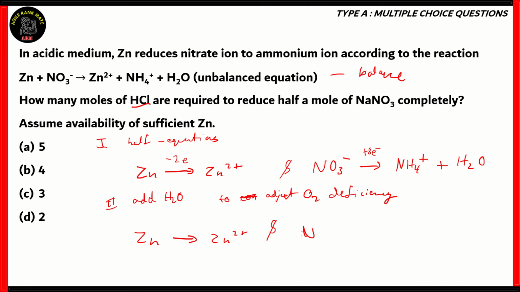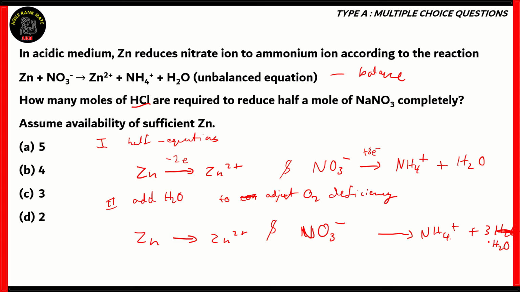So to balance that, we write on the right hand side NH4 plus 3 H2O. So 3 times water plus NH4 plus is the result from NO3 minus. Now remember, we're still unbalanced because the hydrogen part is still not balanced.